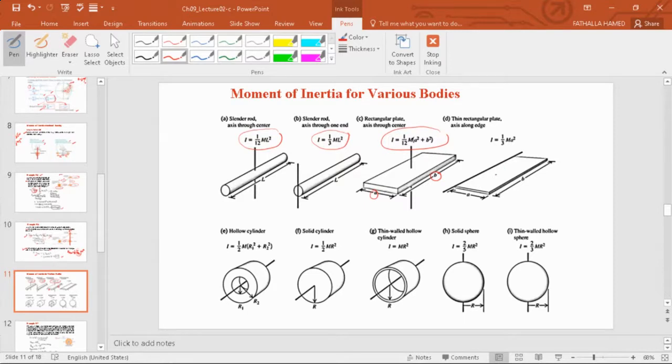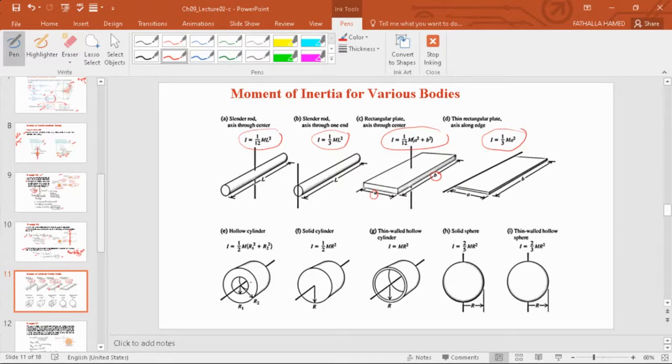Now, if you want to rotate around, let's say, the axis A here, that will give you 1/3 mA squared. How about if you want to rotate, let's say, this way here, around this axis? Okay. So in that case, it will be 1/3 mB squared.